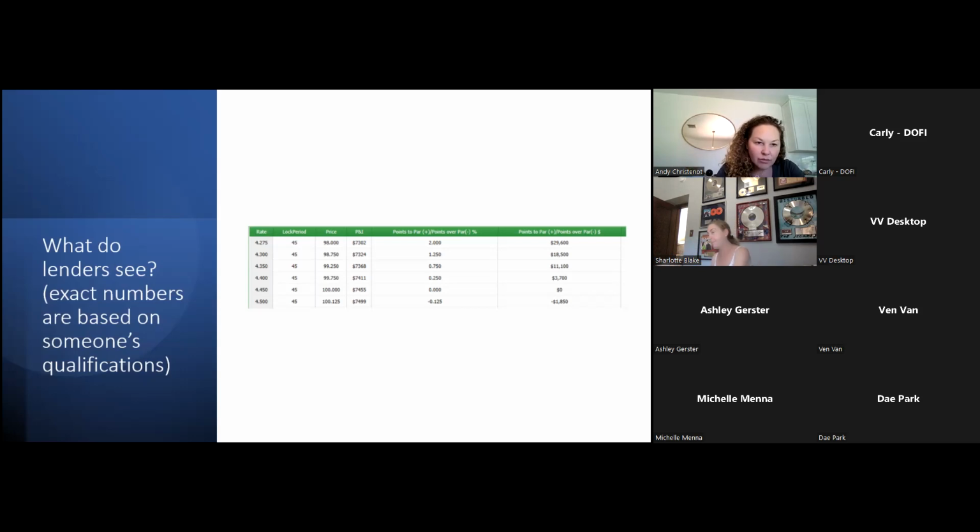Interest rates have to improve really substantially for there to be what's called a float down, or for us to change the lock for the better. There has to be a very substantial difference in rates.